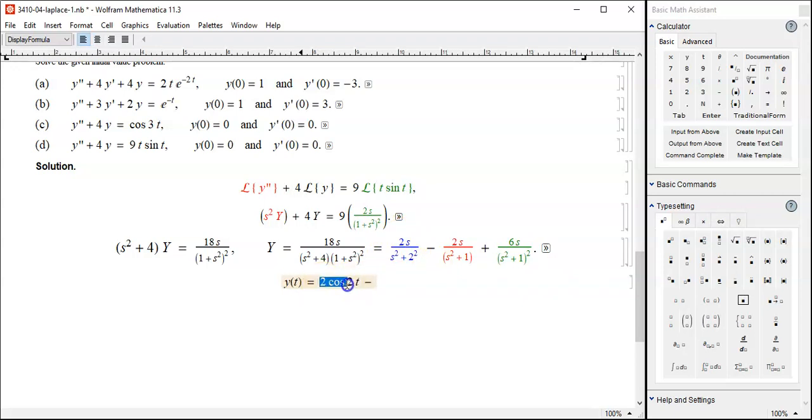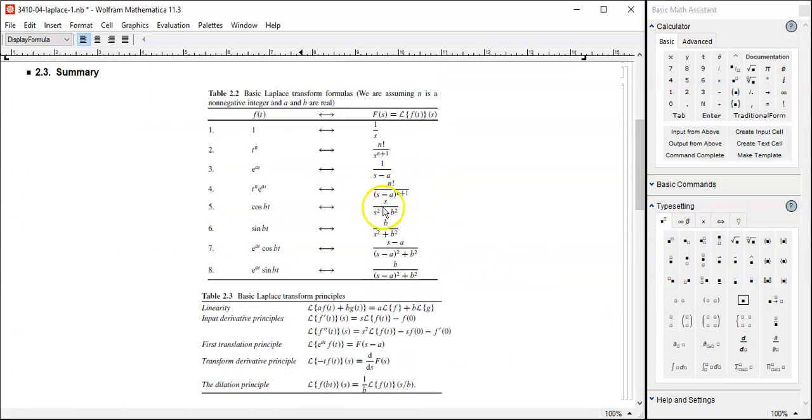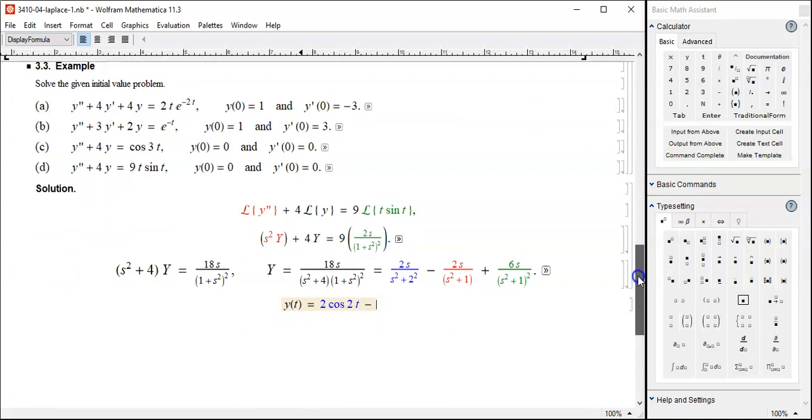And that's the blue solution. Next, 2s over s squared plus 1, or 1 squared. That's cosine, so we have 2, which is a coefficient, cosine of just 1t this time. And that's the red solution.